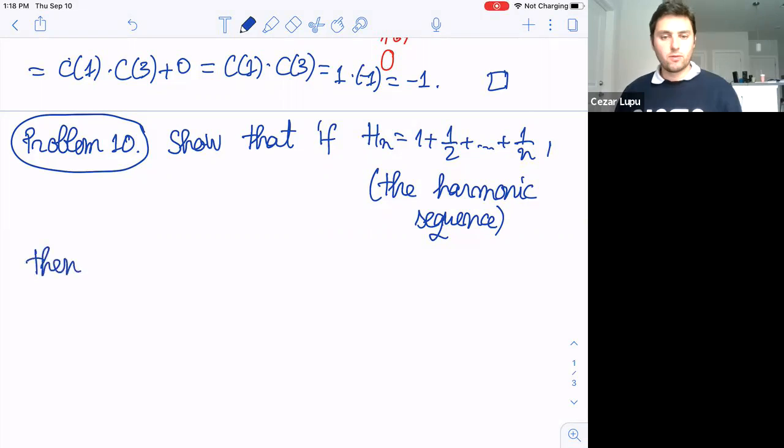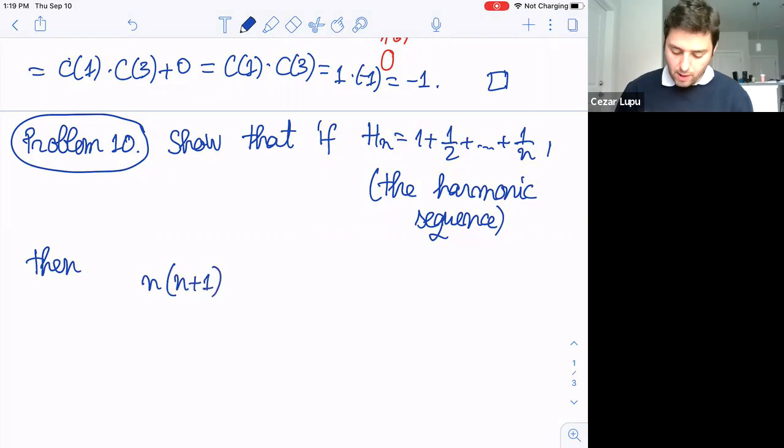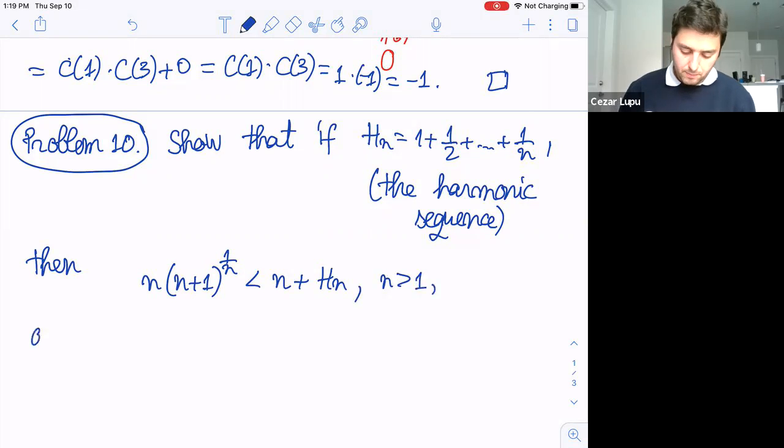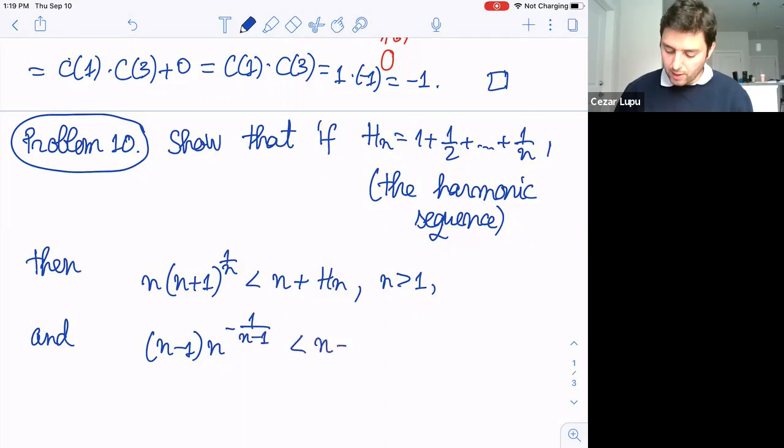Actually, from these inequalities, it will follow that the harmonic sequence diverges. The first one: n times (n plus 1) to the power 1 over n is less than n plus Hn, for all n greater than 1, and (n minus 1) times n to the power -1 over (n minus 1) is less than n minus Hn, for n greater than 2.